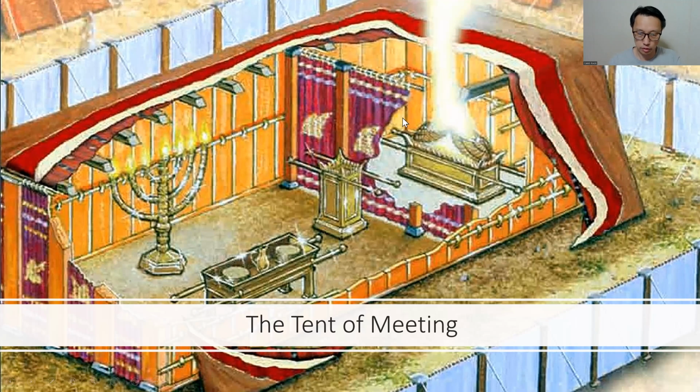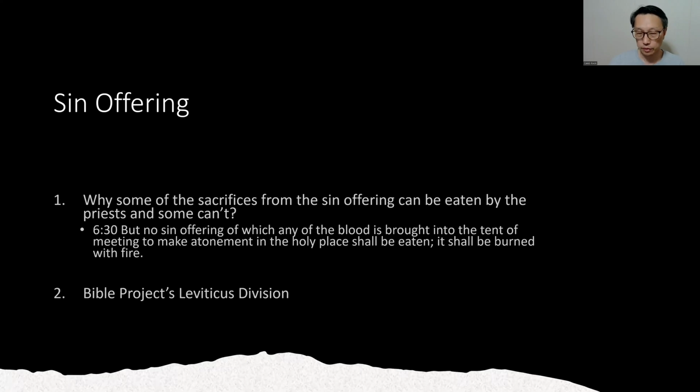It's just because the artist wanted to show you what's inside of the Holy of Holies. That's why they cut this out. But this is the veil. It's a continuous veil, separating the Holy of Holies and the Holy Place. Okay, let's see. All right, so this slide I'm going to come back to later.